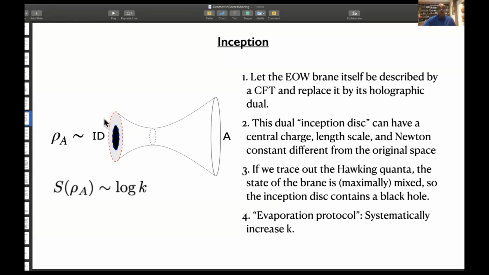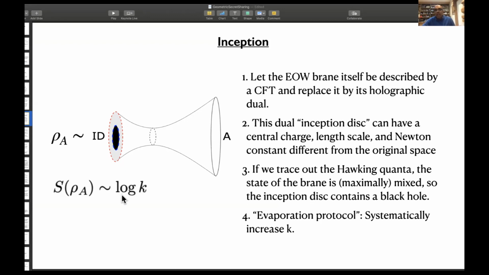Now, because the brane itself was in a density matrix, the inception geometry here, the dual geometry to this brane, should contain a black hole, right? So the black hole here should have an area equal to the entropy of the density matrix on this end of the world brane.